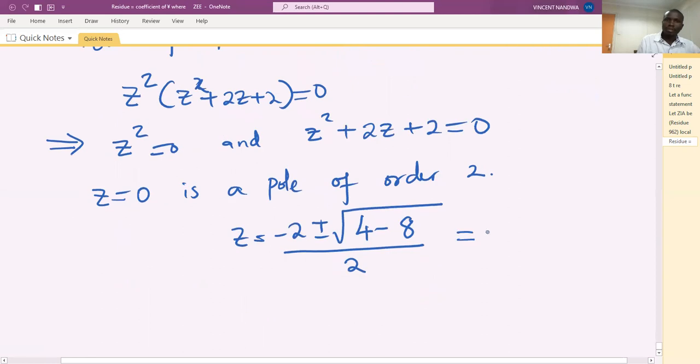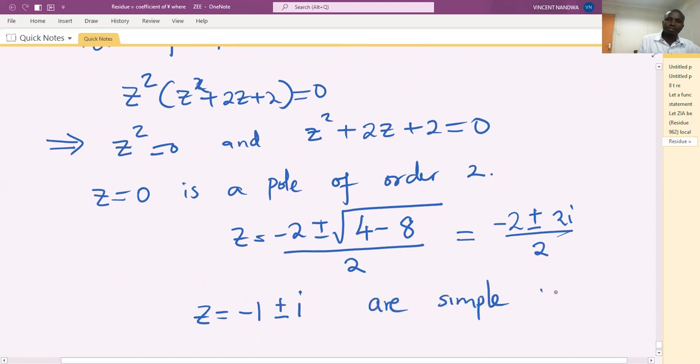So which will give us minus 2 plus or minus, so 4 minus 8 is minus 4. Square root of minus 4 is 2i, divided by 2. So z equals to minus 1 plus or minus i are simple poles. So there are 3 poles: 0, minus 1 plus i, and minus 1 minus i.